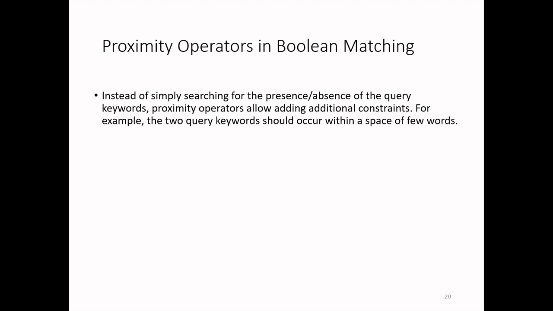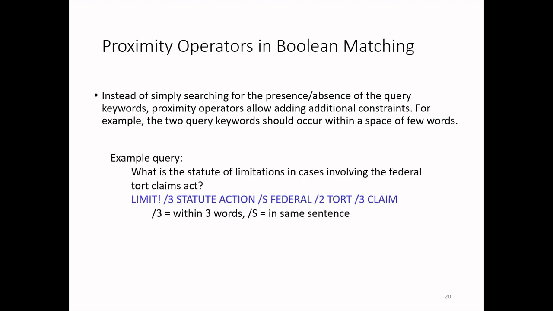So instead of simply searching for the presence or absence of query words, we can specify an additional constraint that these words should be present in the neighborhood of each other or something like that. So here is an example query. What is the statute of limitations in cases involving the Federal Tort Claims Act?